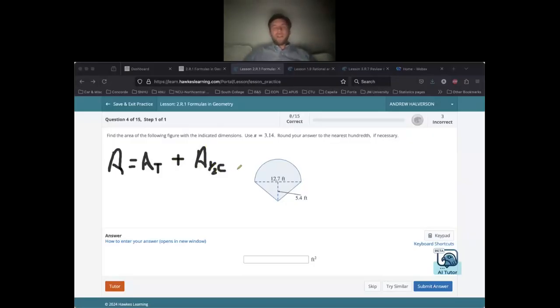Do you have to write it like this? No. We could have just as easily done this, and probably this is a little better. The area is the area of the triangle plus the area of the half circle. Okay? So come over here to your scratch sheet of paper. Let's find the area of the triangle.